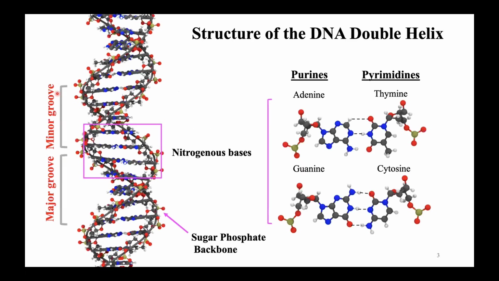Let me start shortly from the beginning, from the structure of the DNA macromolecule. As you all well know, DNA is a biological macromolecule, and it plays a crucial role in all living organisms.